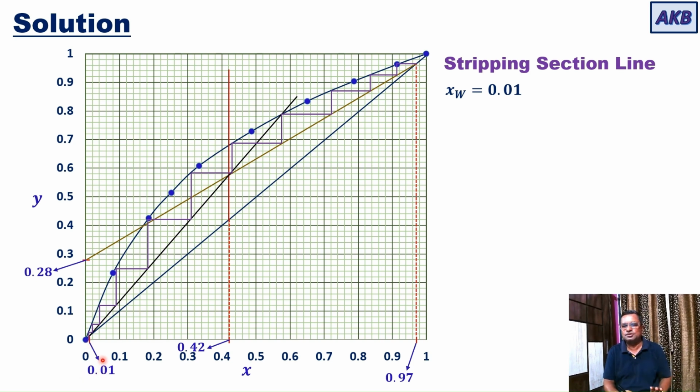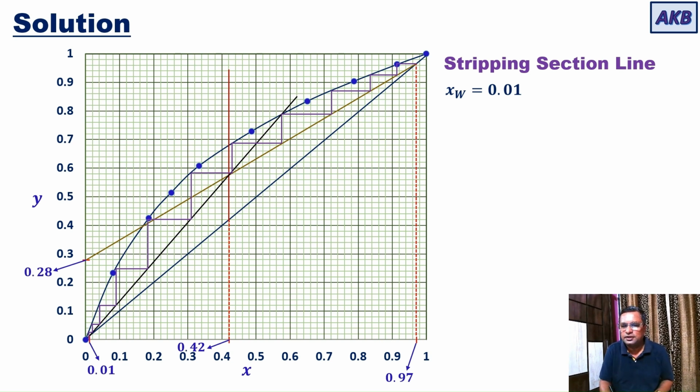Then I have to stop drawing those stages. Now what task is left? We have to count the number of triangles that we have drawn in this process, and the number of triangles in this case will be the number of equilibrium stages.